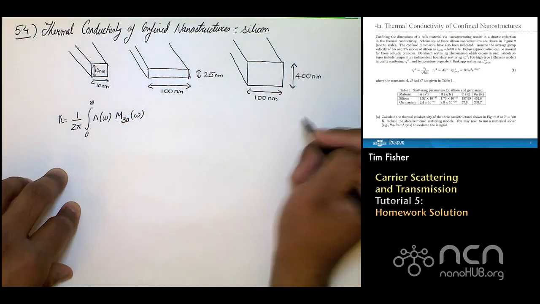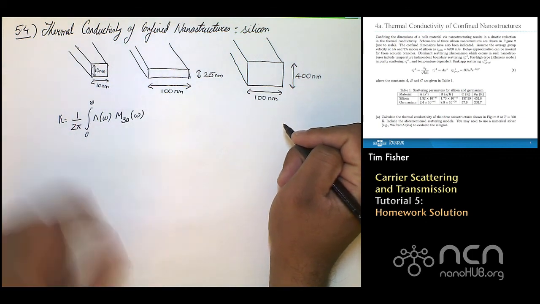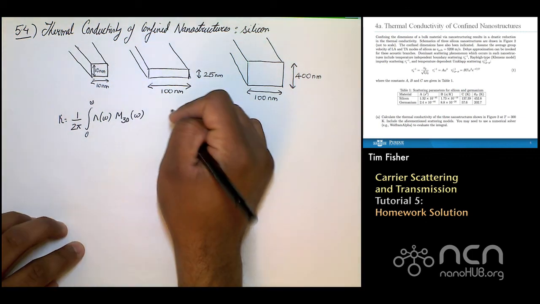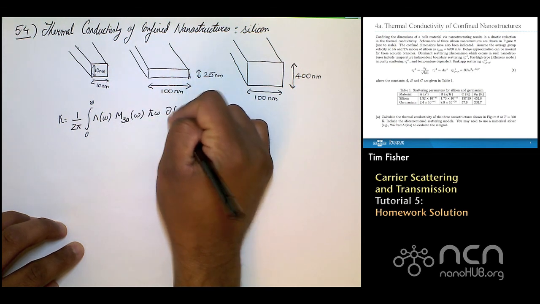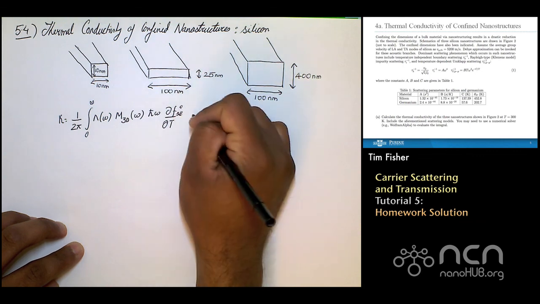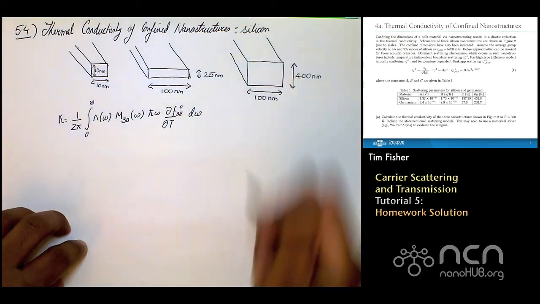This is a 3-dimensional material which has been confined along certain dimensions, multiplied by h bar omega. This is multiplied by the temperature derivative of the Bose-Einstein distribution and d omega.